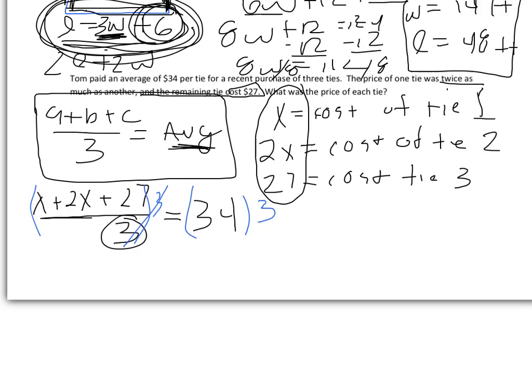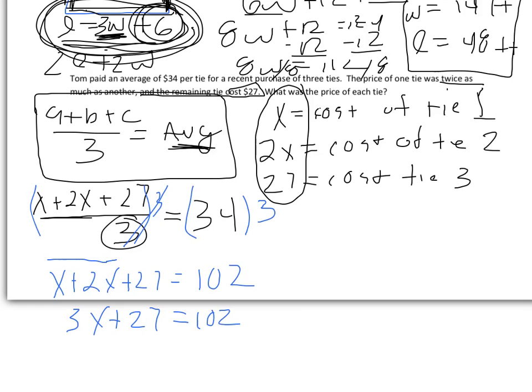This 3 cancels with that 3, so we have x plus 2x plus 27 equals 34 times 3, which is 102. Now we have something without fractions. Combining like terms, x and 2x give us 3x plus 27 equals 102.